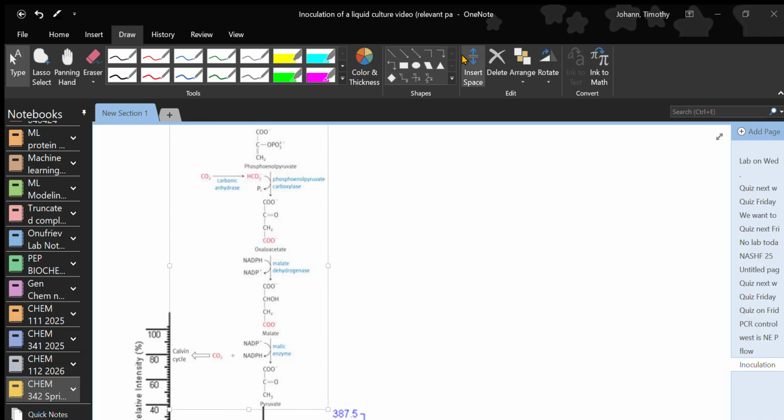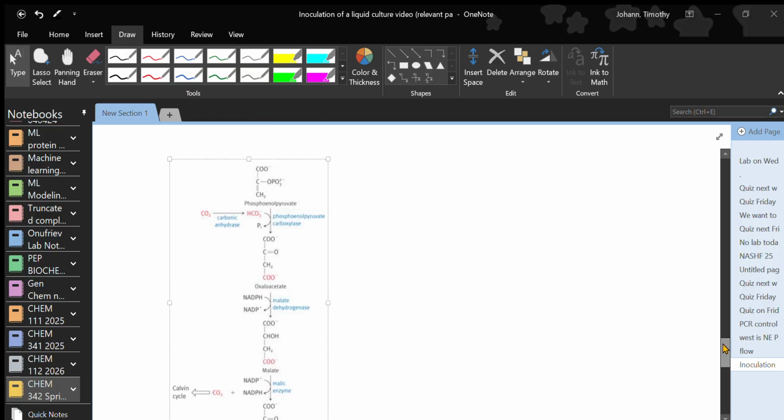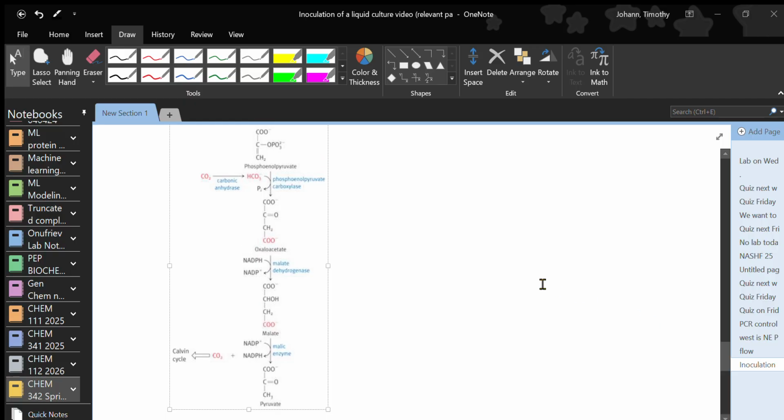So this is what the whole pathway looks like overall, and I'm going to blow this up so we can talk about bits of it.